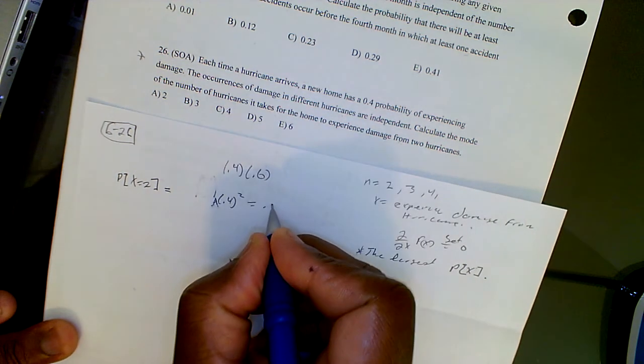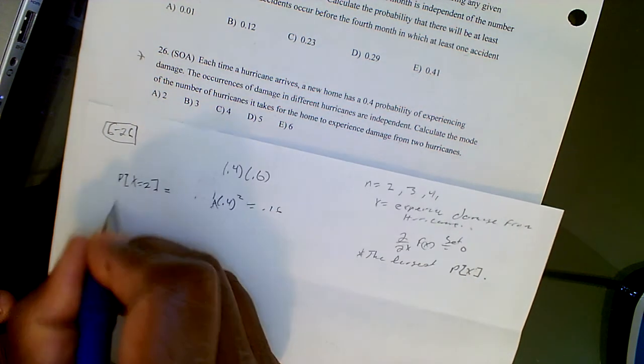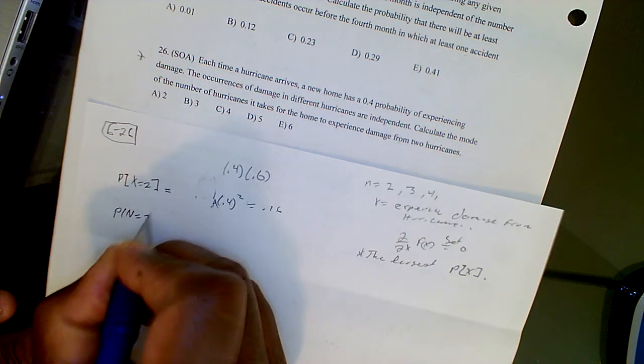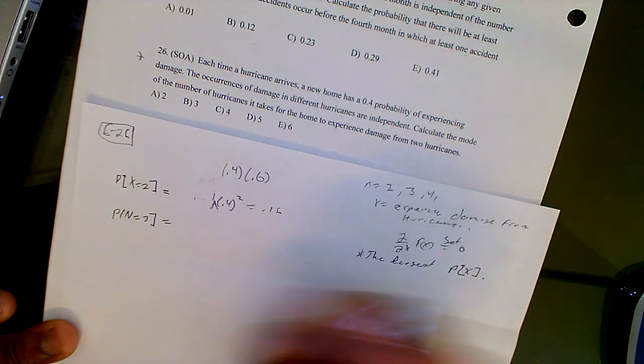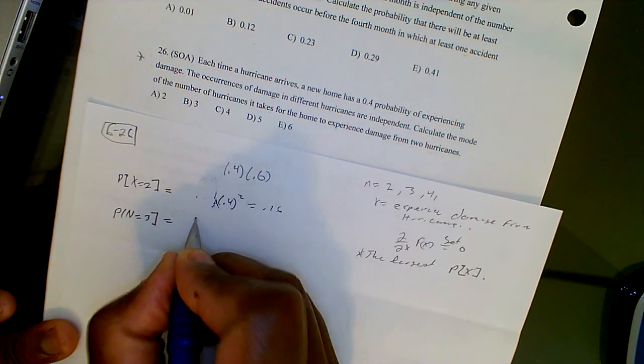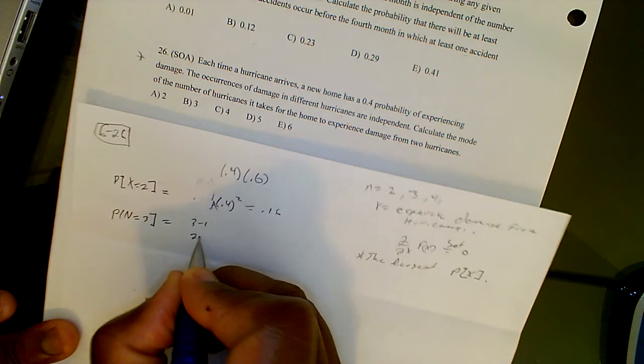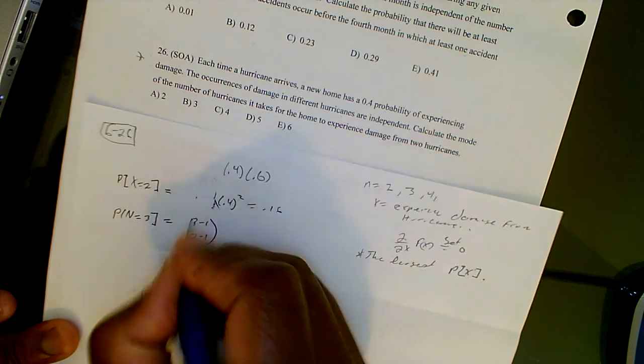That'll be 0.16. And then if we had the probability of n equal to 3, then we would have 3 minus 1 choose 2 minus 1, and I should explain this.